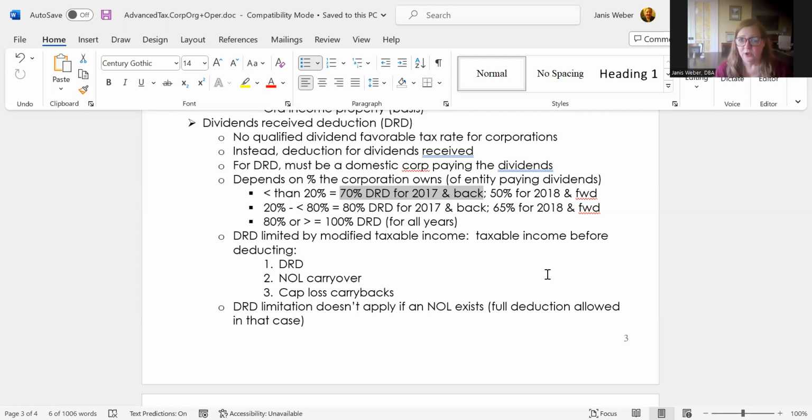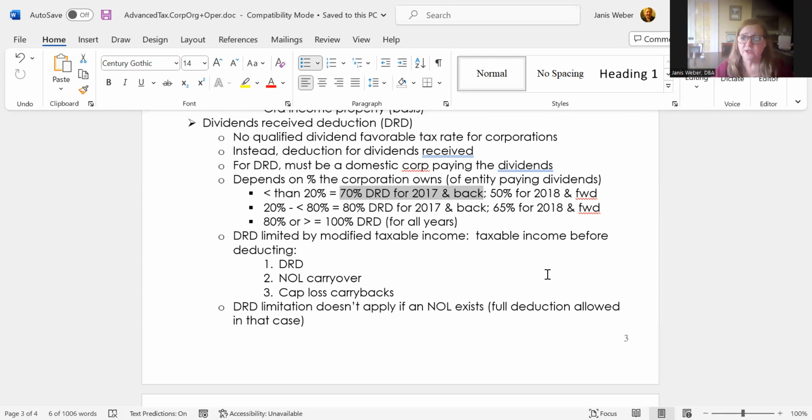for 2018 and forward. And if you own 80% or more of a corporation, you can deduct 100% of the dividends received deduction in all the years, the early years and the current years. A dividends received deduction is based on modified taxable income, the taxable income before you deduct this dividends received deduction, and before NOLs, before capital losses.